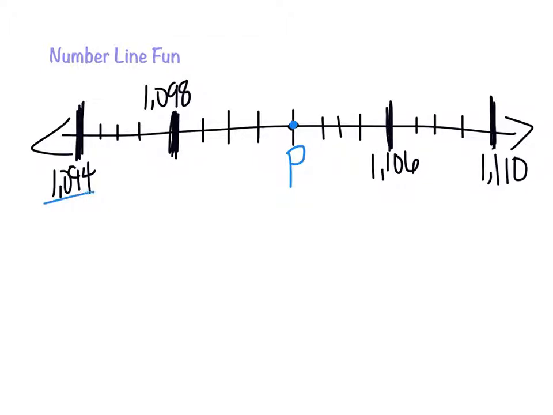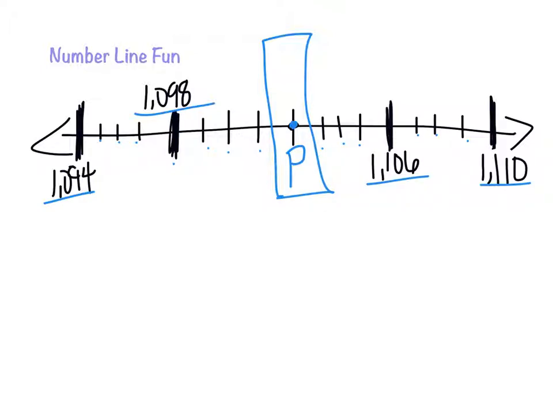It starts with 1094, then there's 1, 2, 3 little notches, one big one, that is 1098, 3 little ones, then there's P. I'm pretty sure we're going to be searching for what that P represents. Then there's 3 little ones. Then this big one is 1106. 3 little ones, and then 1110. So go ahead and draw that in your journals.